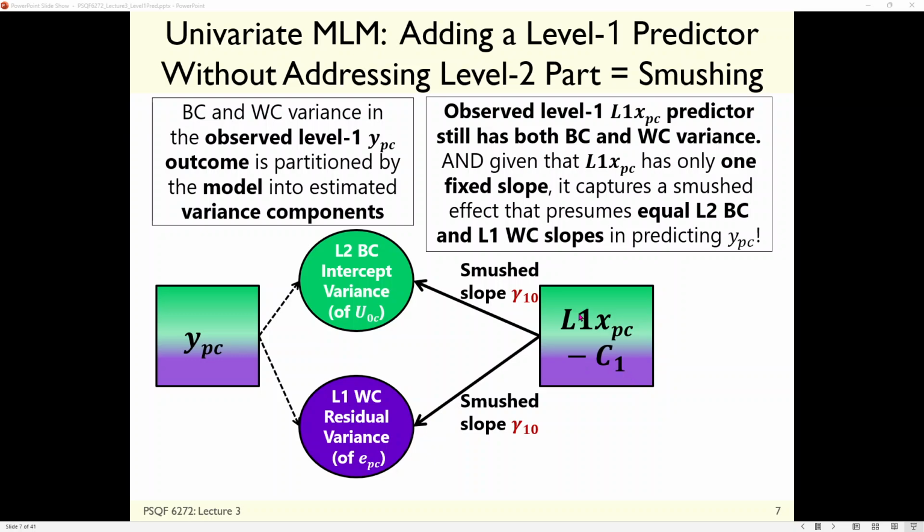So when we put in an observed predictor and a slope for it in predicting Y, what's actually happening behind the scenes is that we're putting in the same slope to predict the level 2 part of Y as the level 1 part of Y. In other words, the within level 1 slope is assumed to be the same as the between level 2 slope. So a 1 unit change in X has the same effect at both levels, even though what a unit is is not the same at both levels. It's kind of crazy. So this is the problem.